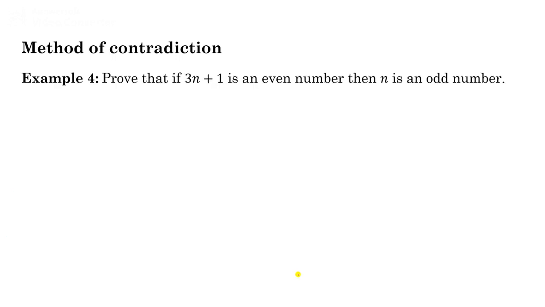Now we'll take one example. Prove that if 3n plus 1 is an even number, then n is an odd number. So this is P and this is Q. Assume 3n plus 1 is an even number.